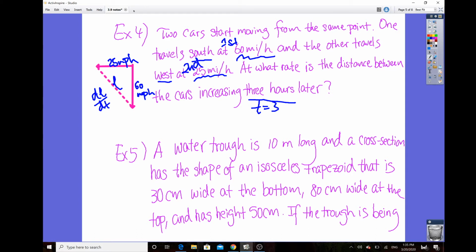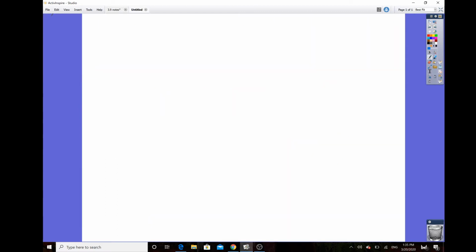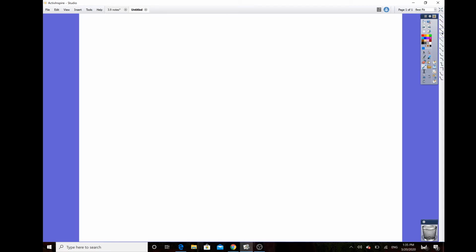Okay, so let me set up a new slide so we have more space to show work. So once again, one is going down south, and the other one is going west.